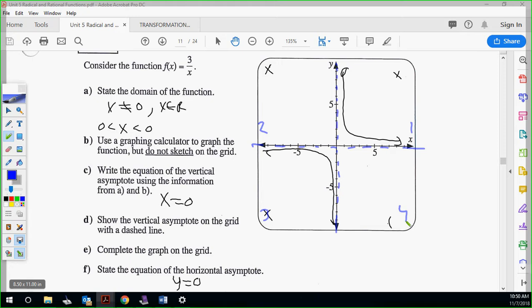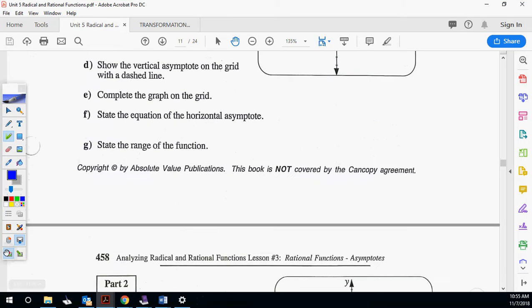Yes, CAST did go that way, exactly. Except CAST started here, though. Yep, and trig, we'll come to that. Unit circle CAST stuff is important.